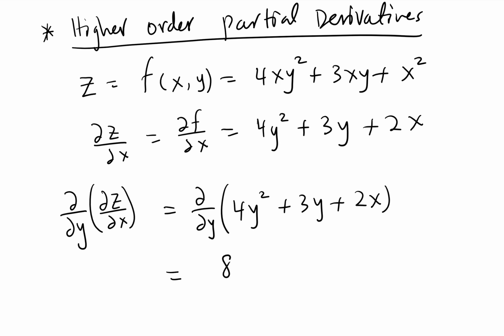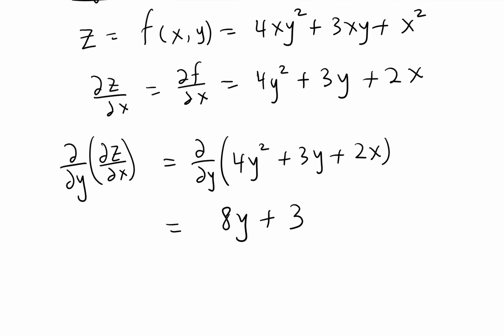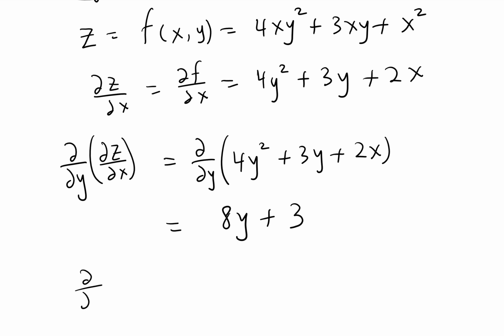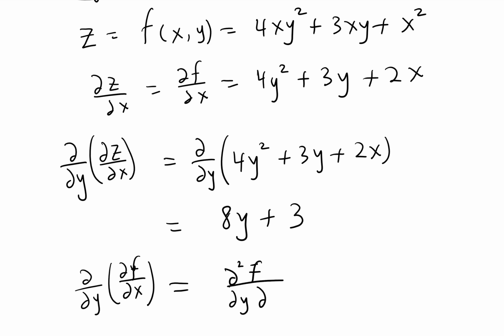And that would give me 8y plus 3 plus 0. Now this thing that I just wrote, partial z with respect to x, you can write it as partial squared of f, partial y, partial x. That's just a notation for that.